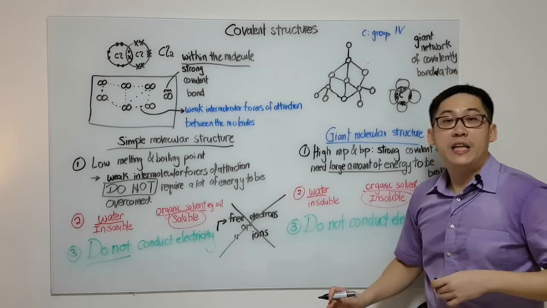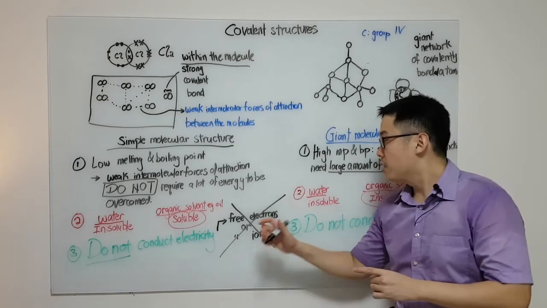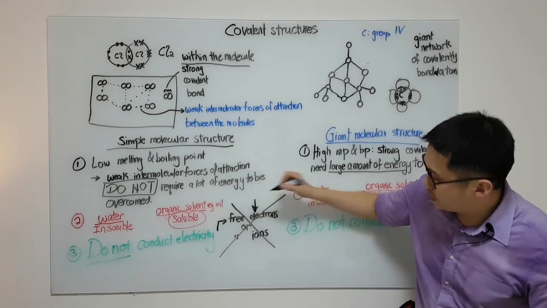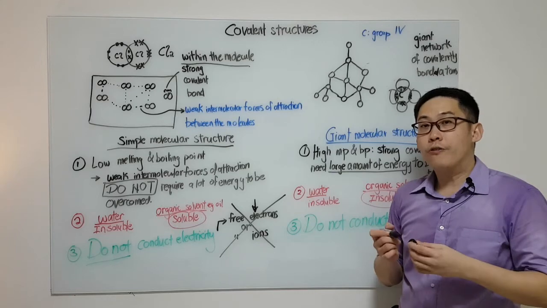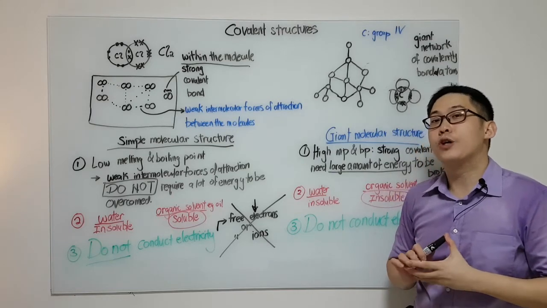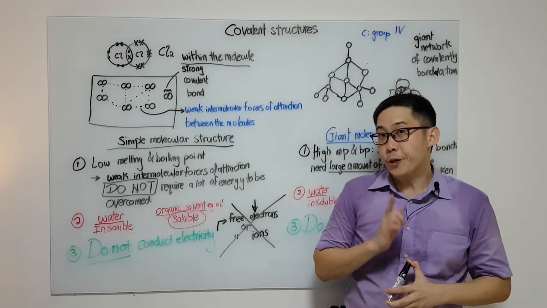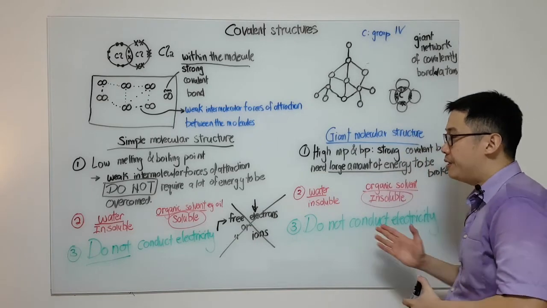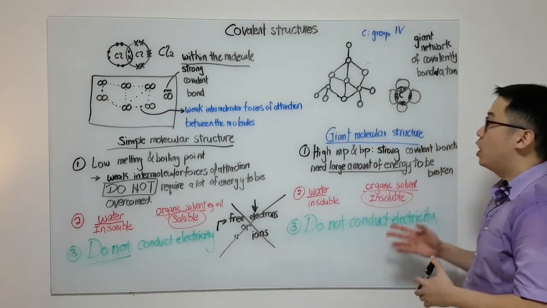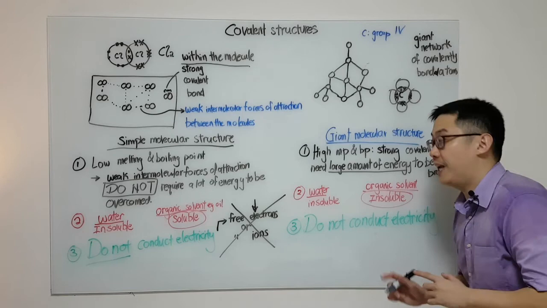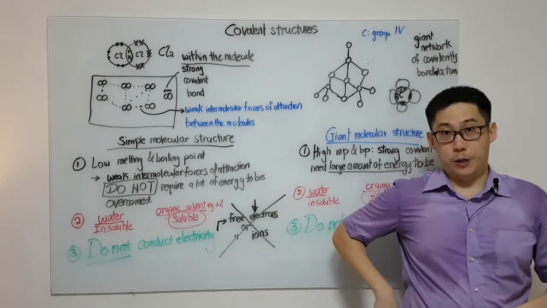So as a result, they do not have any free electrons or free moving ions to conduct the electricity. So as a result of this, there is no way that your giant molecular structure can conduct electricity as well.